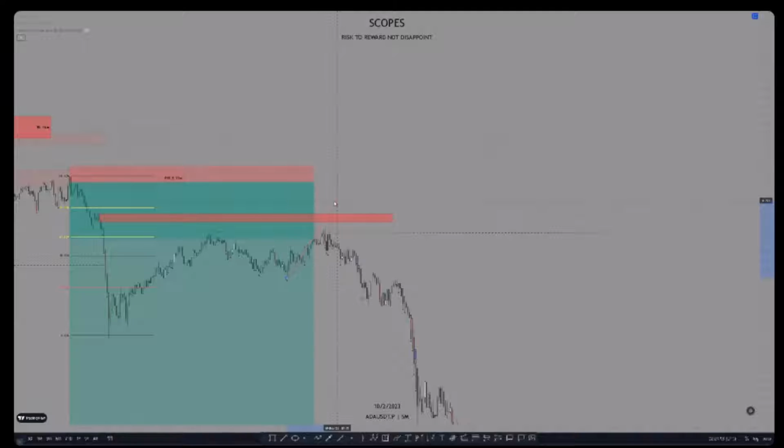So what I do then is I either enter just below, stop loss just above, or fib this area, entry just below the 30 level, stop loss just above, and wait for something like this to give you warning signs so you can be out.